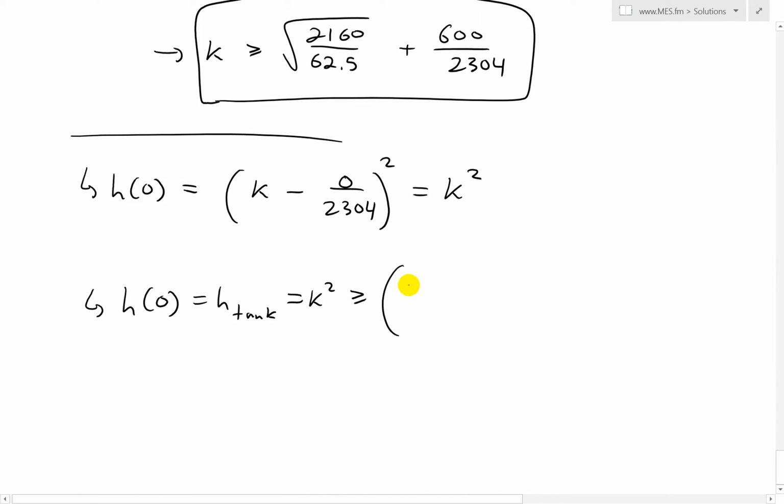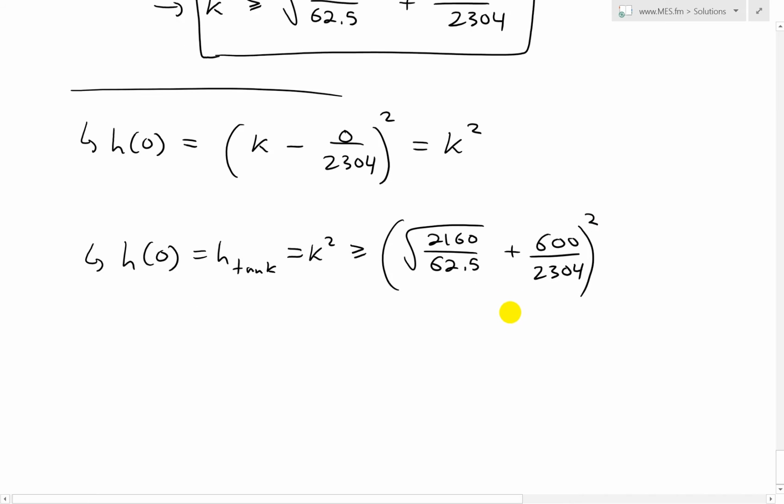So we get this right here, the square root of 2160 over 62.5 plus 600 over 2304, and then all squared.